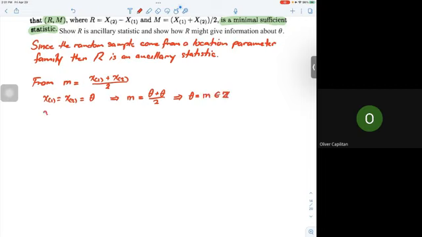Next, we're going to choose all the possible values of this. Say x sub 1 here, the realized value would be theta, and then the x sub quantity 2, we have here theta plus 1. So this would imply that m is theta plus 1 divided by 2, and this implies that theta is equal to 2m minus 1 over 2.